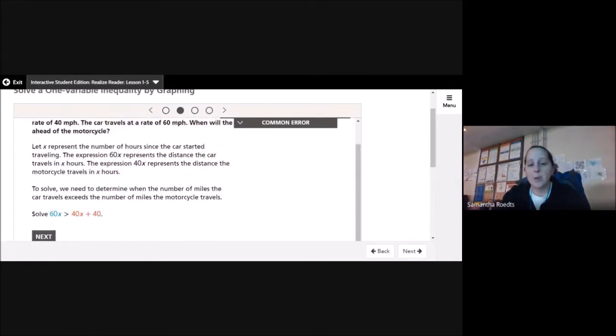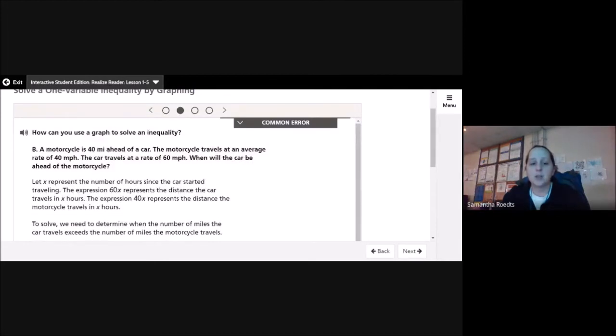So I let x represent the number of hours since the car started traveling. The expression 60x represents the distance the car travels in x hours. The expression 40x represents the distance the motorcycle travels in x hours. To solve, we need to determine when the number of miles the car travels exceeds the number of miles the motorcycle travels.